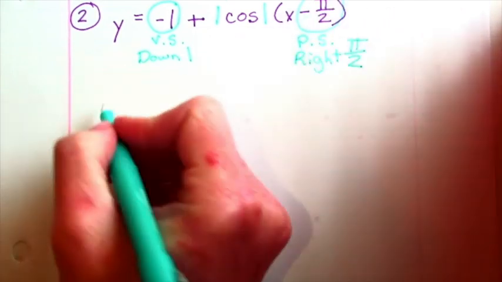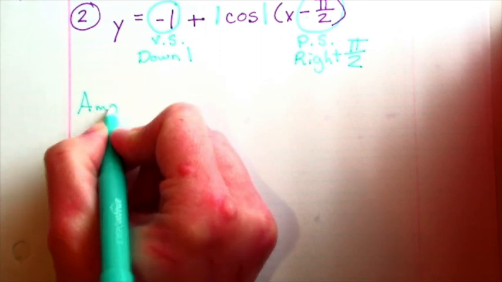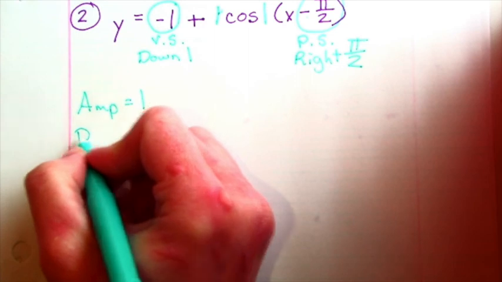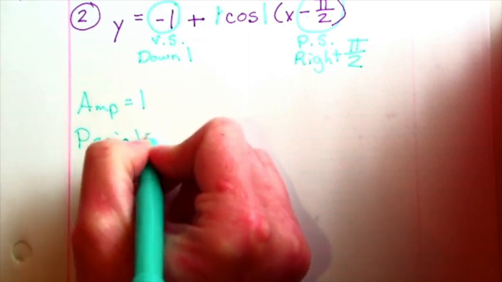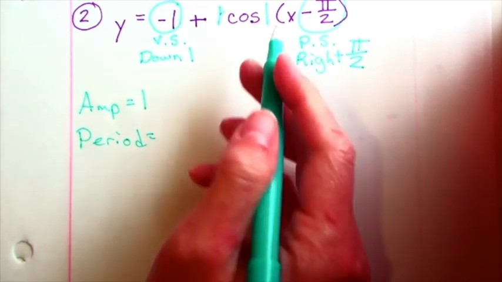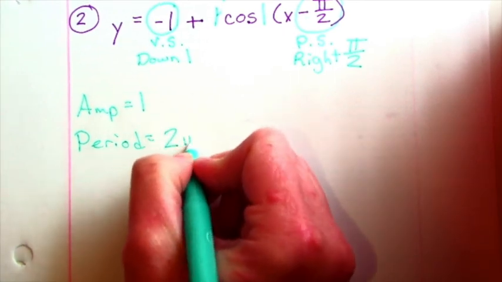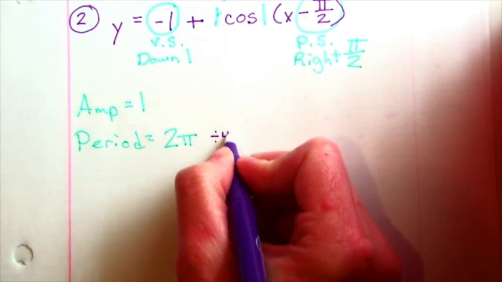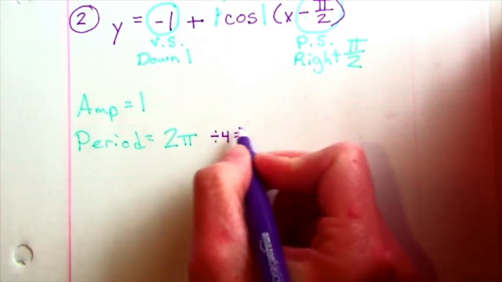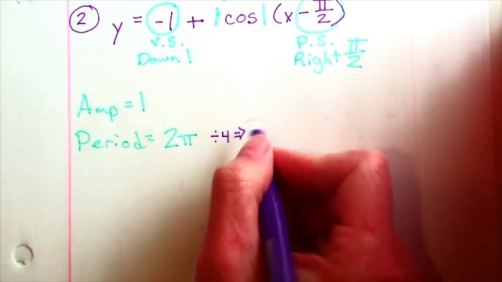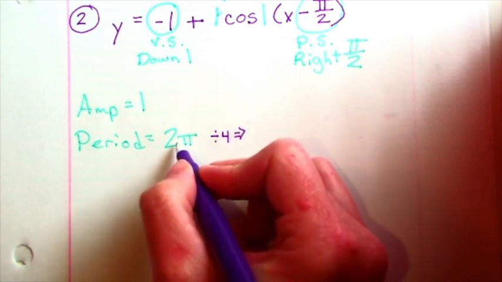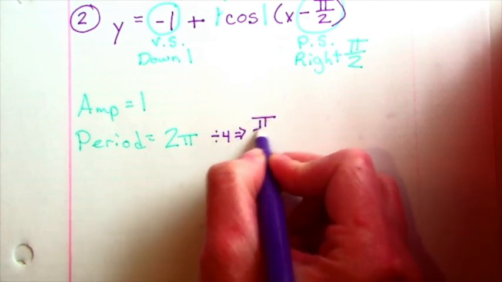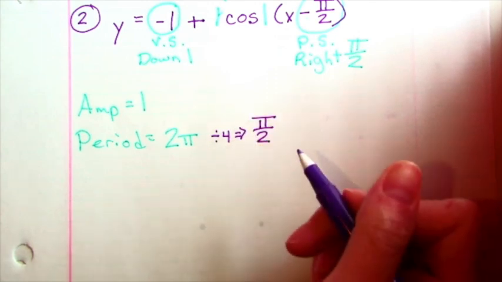So just to summarize this a little bit, the amplitude is going to be 1, because that's the a value. The period is 2 pi over k, but k is just 1, so the period's 2 pi. So if we divide that into fourths, then I want to split my x-axis up into pi over 2 pieces, because this would be 2 pi over 4. 2 over 4 simplifies to 1/2, so pi over 2 is how I want to split that up.